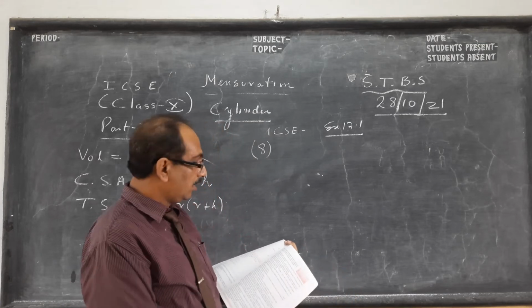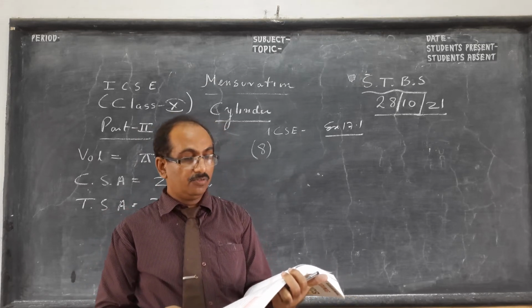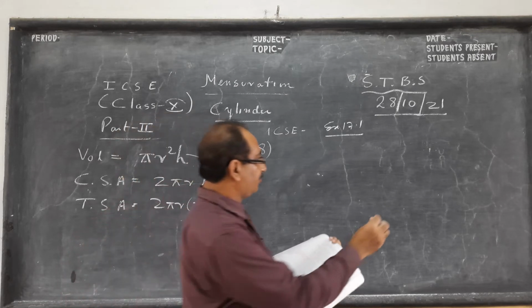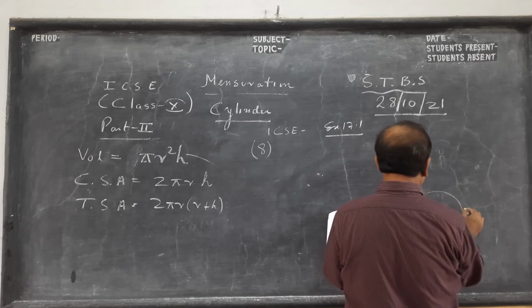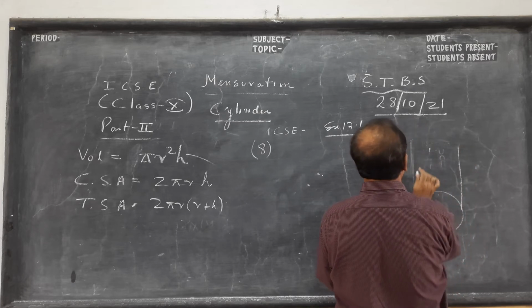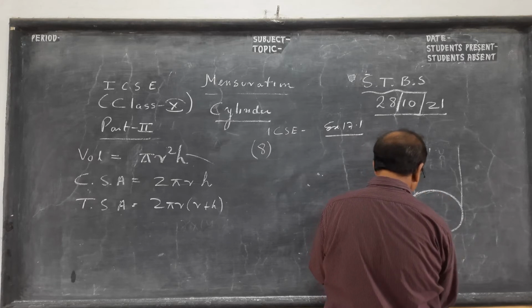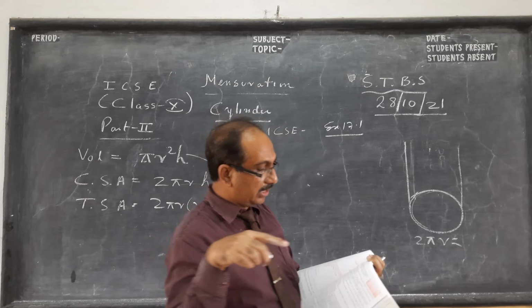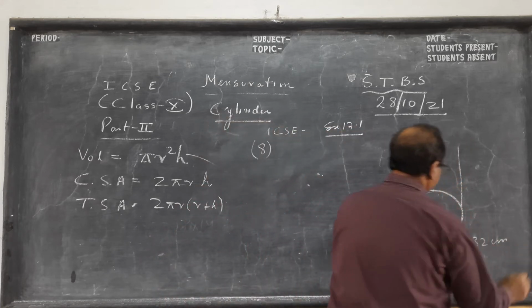So here question number 8, if you see, page 449, the circumference of base of the cylinder. Always draw a diagram, boys. Circumference of base of a cylinder is this, 2 pi r, is 132.